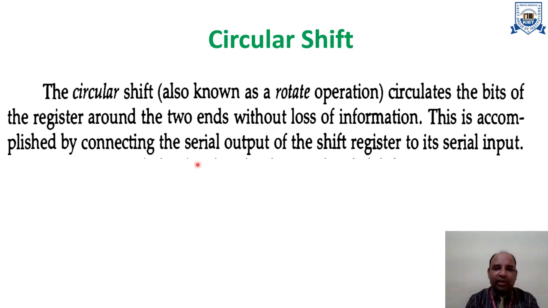This is accomplished by connecting the serial input and output of the register so that the rotation operation can be performed without losing the information, as stated in the definition of the circular shift.